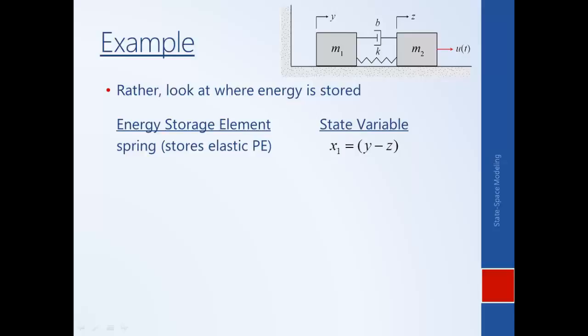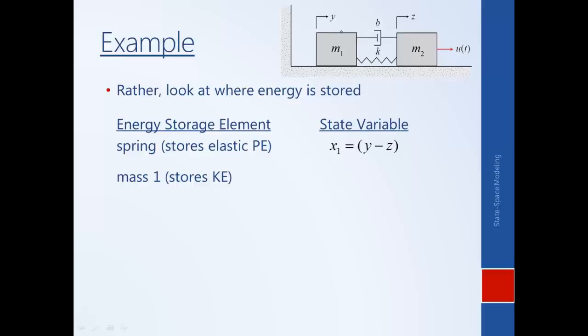In addition to potential energy, there is also kinetic energy stored in this system. And if you recall, kinetic energy is 1/2 mv squared. So each of those masses stores kinetic energy. If we consider mass 1, the energy stored in it is determined by its velocity.